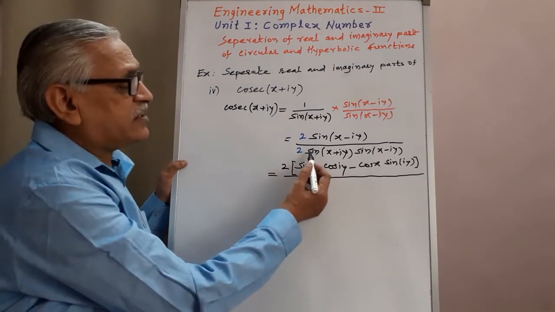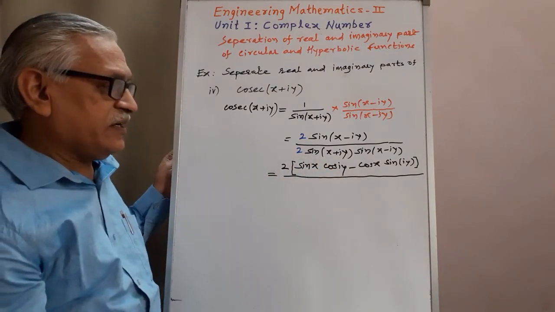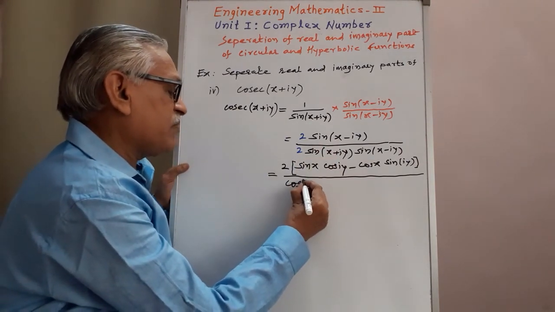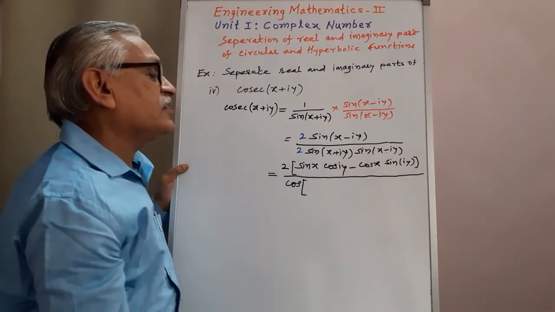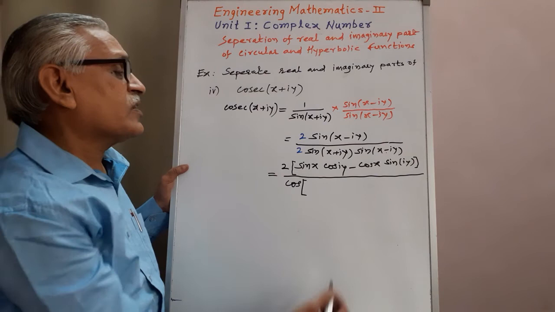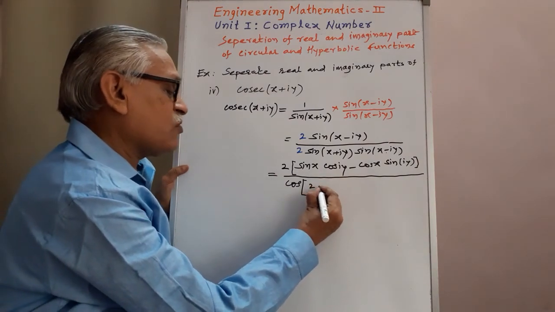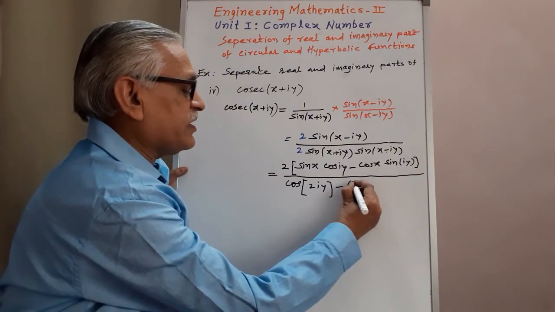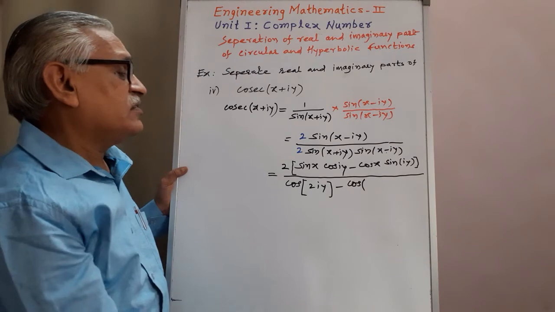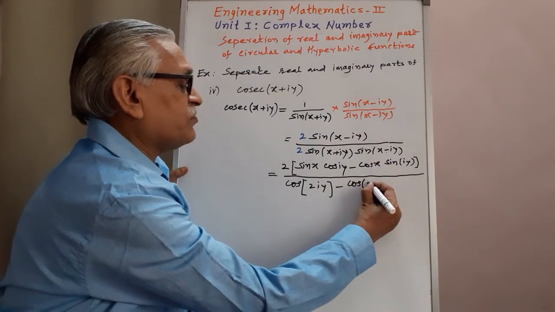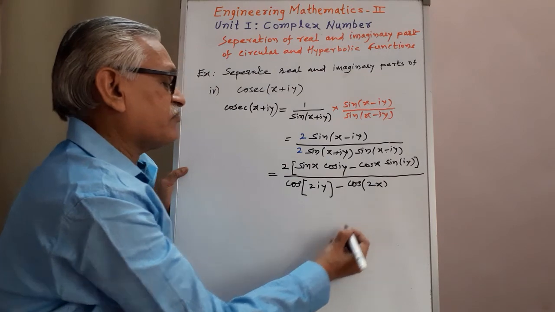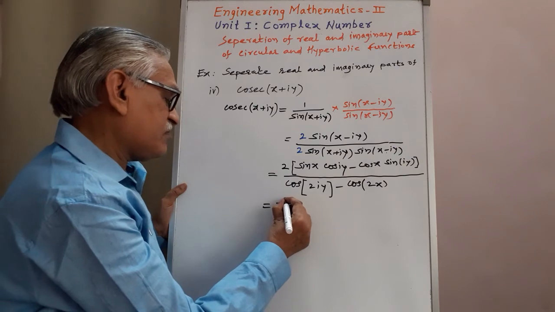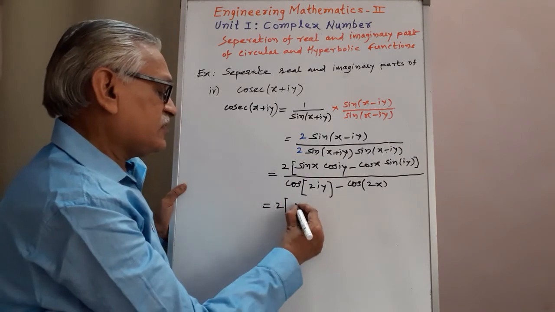And standard trigonometric formula, 2 sin a sin b is cos a minus b minus cos a plus b. Cos of a minus b, this minus this, x cancel. Iy plus iy, we get 2iy, and minus cos of a plus b, addition of this 2 is cos of 2x, and therefore it is equals to 2 times sin x.